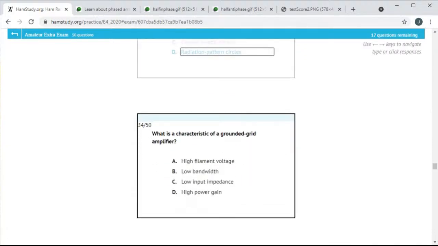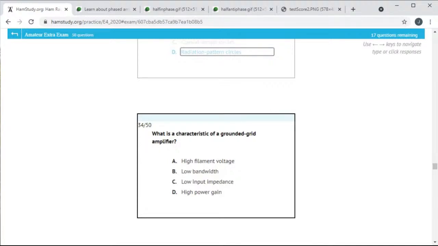What is the characteristic of a grounded grid amplifier? A, high filament voltage. B, low bandwidth.